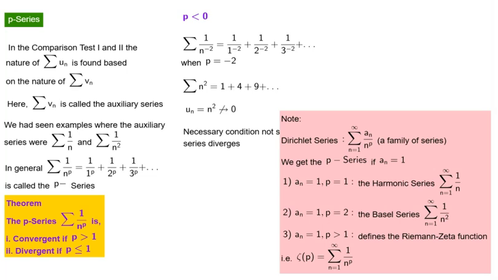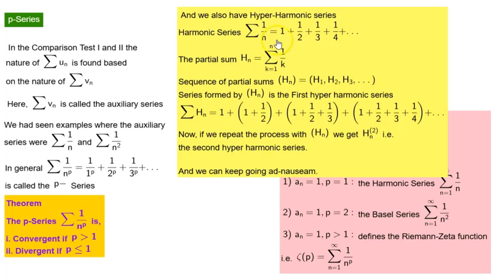Now, just like we have the p series where when p equal to 1, it is called the harmonic series, we have something called the hyperharmonic series. So we start with the harmonic series. The partial sum h sub n is equal to the sum from k equal to 1 to n of 1 by k. Now, which means the sequence of partial sums would be h1, h2, h3 and so on.